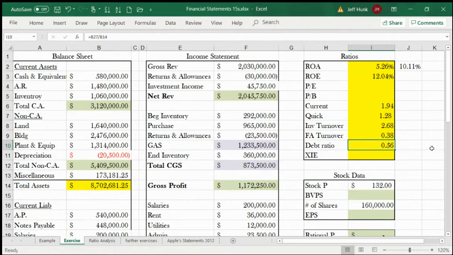So if you default, then they will foreclose on these aircrafts, and they sell them off and they recover their principal, or rather the principal balance, because you've been paying, amortizing up to that point.